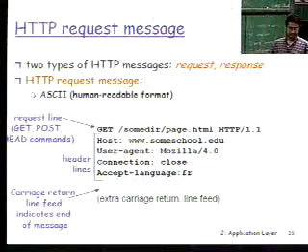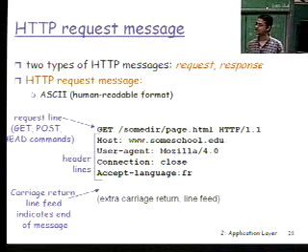Okay, so how does HTTP actually work? Well, like most protocols, HTTP is a sequence of requests and responses. An HTTP request message has three parts. One is the request line.